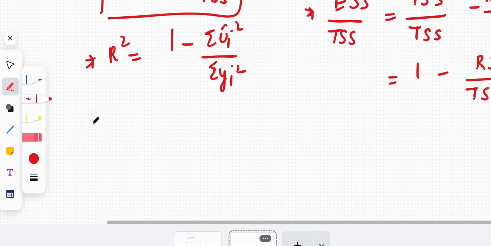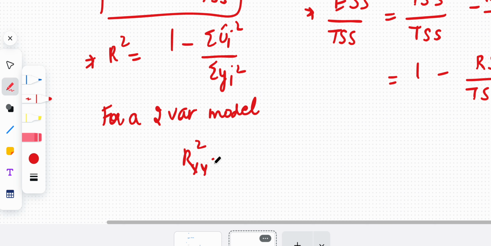Okay, so now what you do know or should know is, for a two variable model, R square xy equals R square xy.